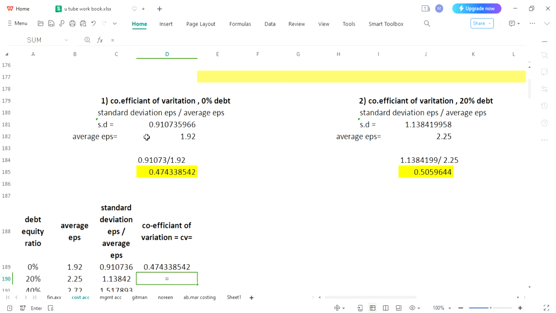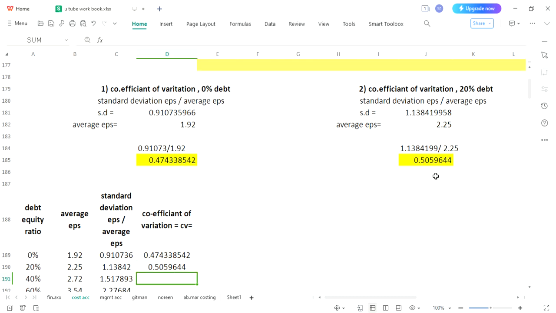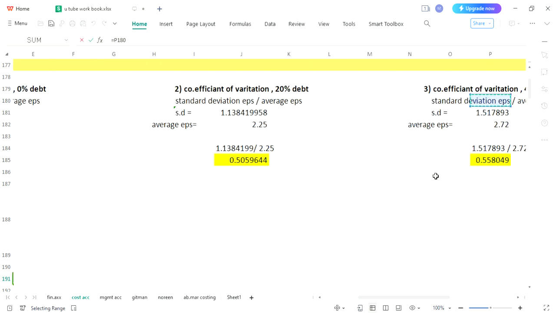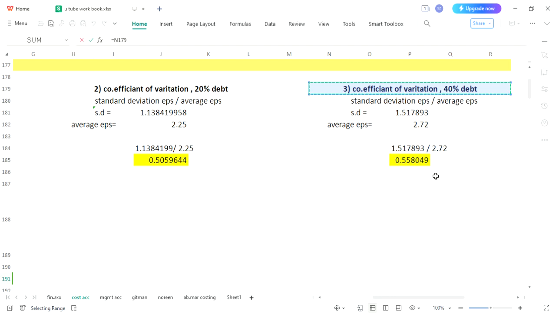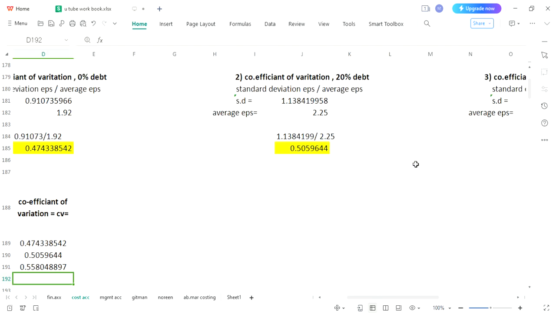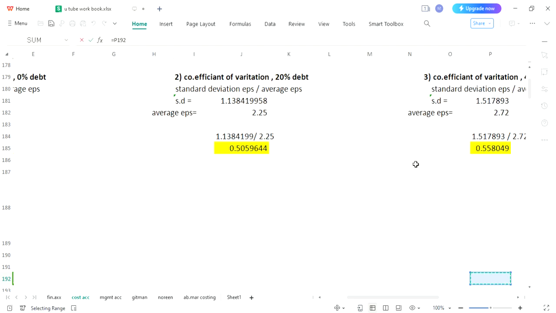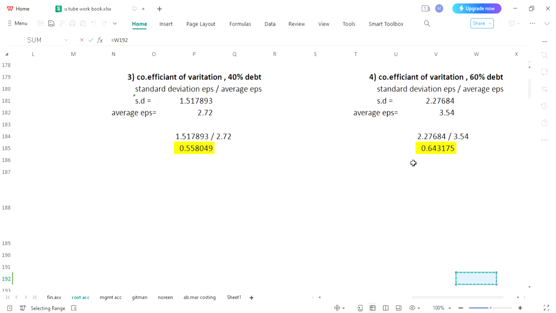And next CV, here you can see second CV was calculated for 20% debt, amount was 0.5. Third CV over here, look over here, third CV answer was 0.55 and fourth CV is here for 60% debt you have calculated, answer was 0.64.